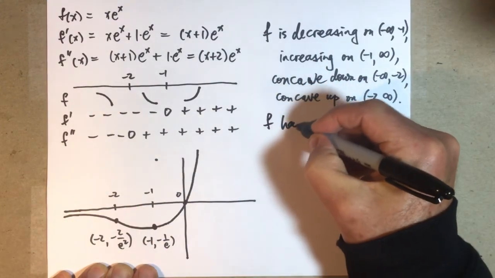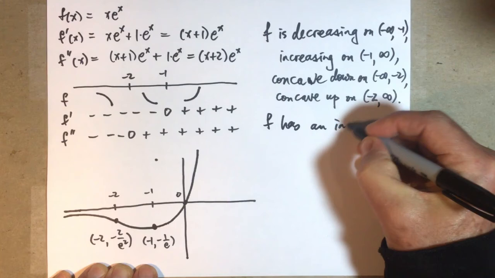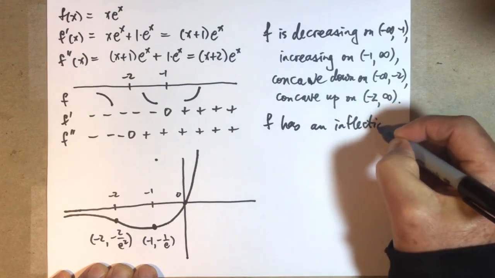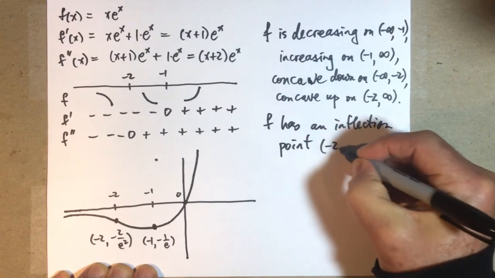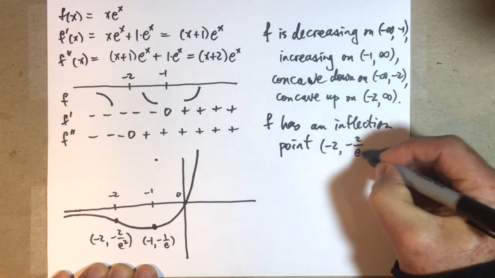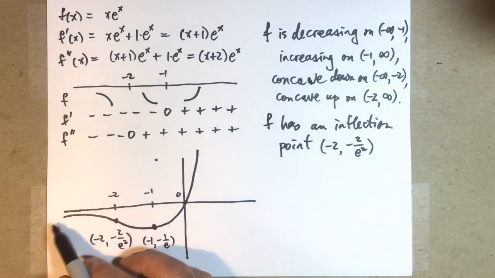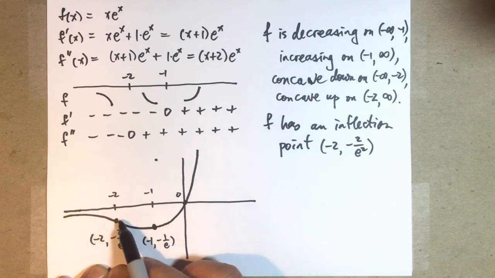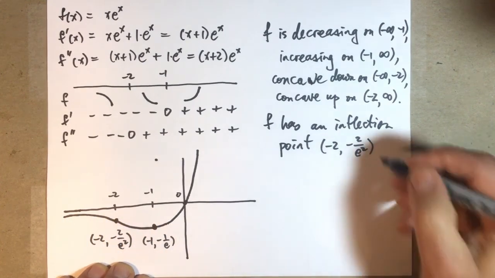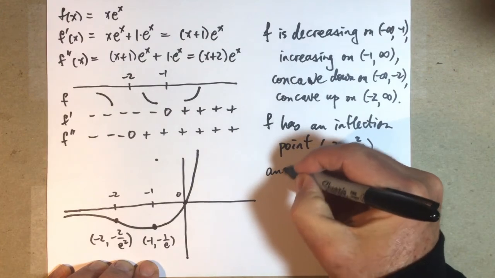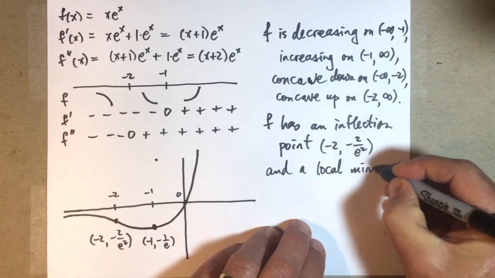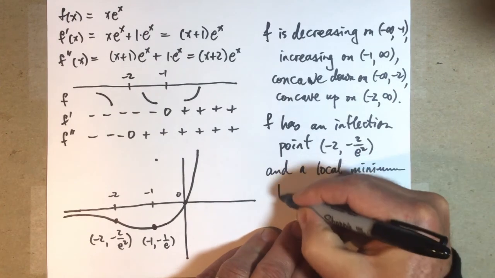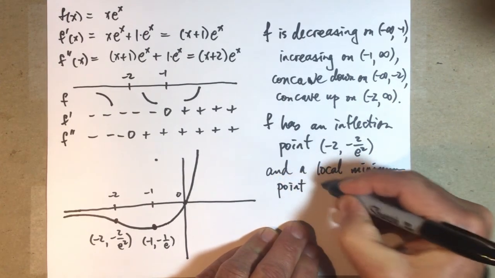F has an inflection point. There's only one. It's at -2 over e squared, because that's where the concavity changes from concave down to concave up. No other points where that happens. And a local minimum point at -1.